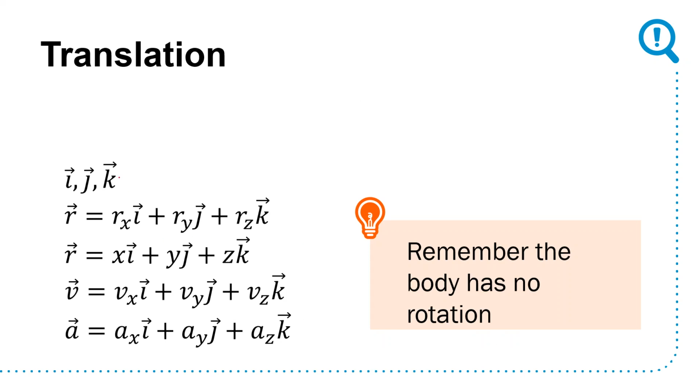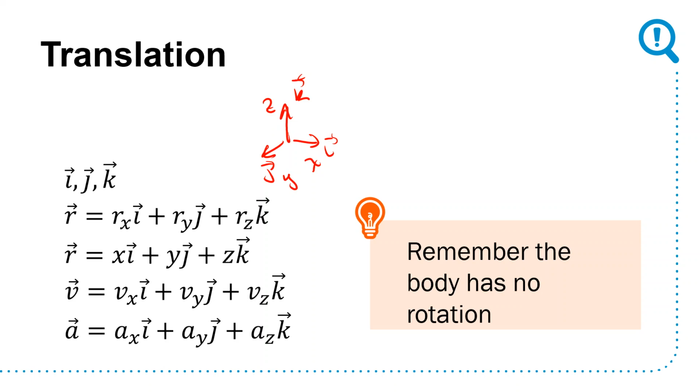And what I've done is I have unit vectors which correspond to these directions, which are my x, y, and z. I have r equals r_x i plus r_y j plus r_z k.